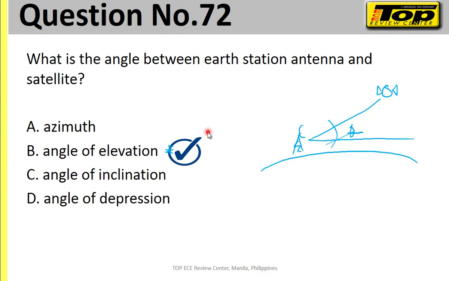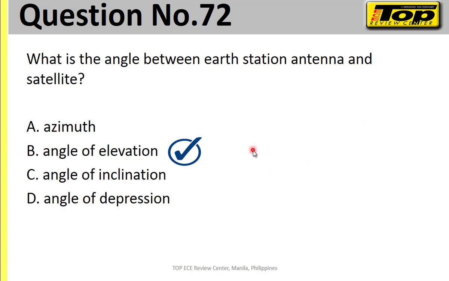The azimuth, because angle of elevation is the vertical measurement of the angle between the Earth station and the satellite. But the azimuth is horizontal. Okay? Coming from the true north or the true south, we call it the azimuth. Horizontal difference or angle. But for vertical, that is angle of elevation. And that is letter B.